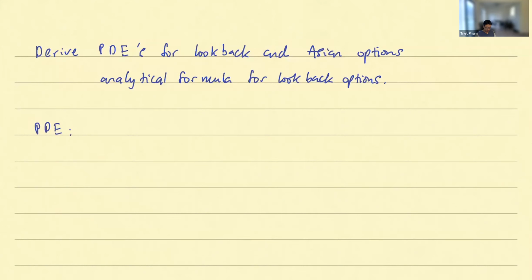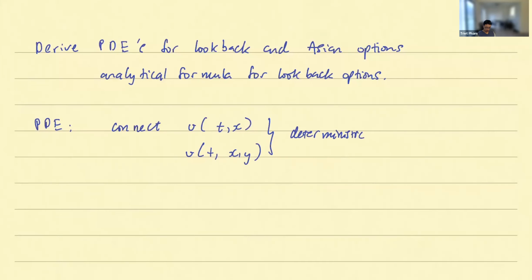It makes a connection between a deterministic function, I mean, it's hard to say what form it is, but the point is, it's deterministic, with a stochastic object, which is, of course, the price of the option, okay?